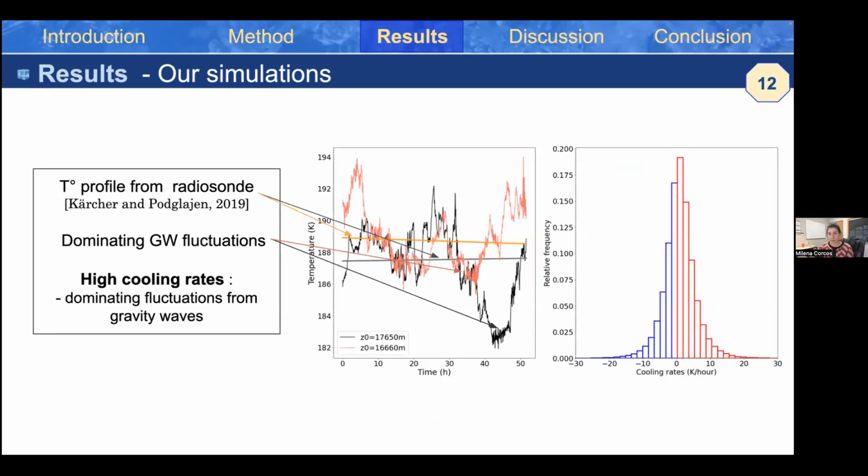But then when we add the waves, the perturbations from the waves completely dominate the evolution of the background temperature, as you can see on the figure on the left here. This is now a time series, so temperature as a function of time. You can see that now the evolution of the background temperature is almost a straight line compared to the perturbations of the waves.